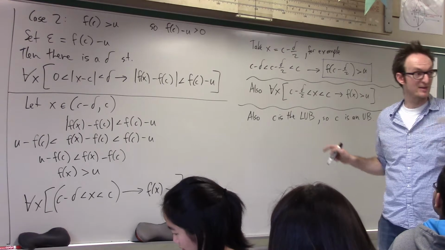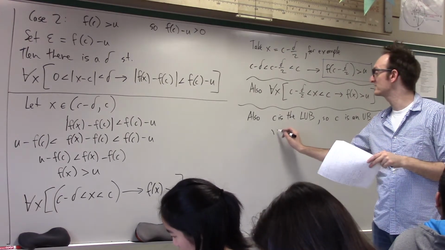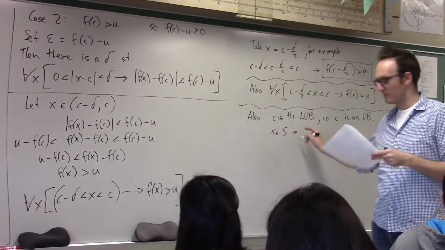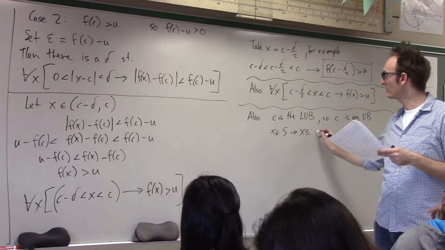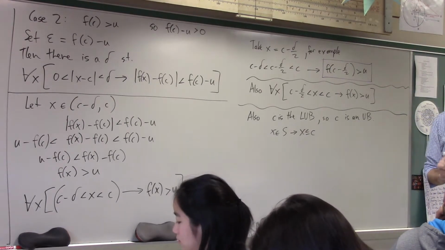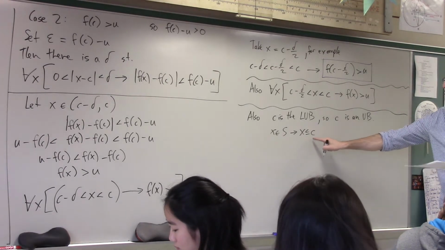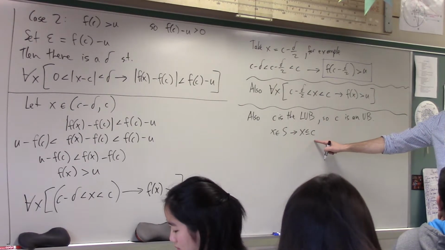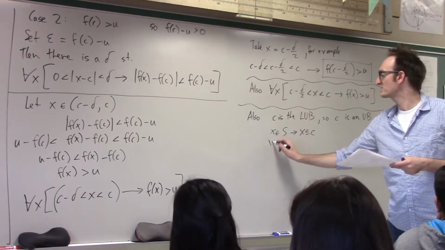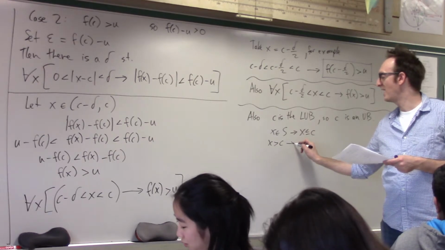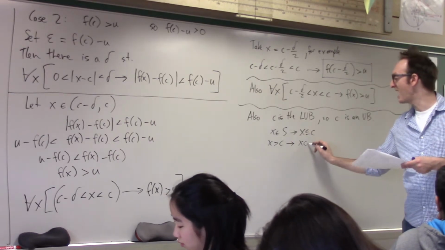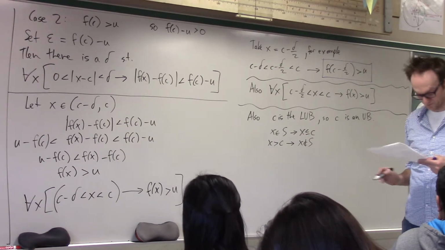By the definition, if x is in S, then x is less than or equal to c. Now take the contrapositive of that. If x is greater than c, then x is not in S.